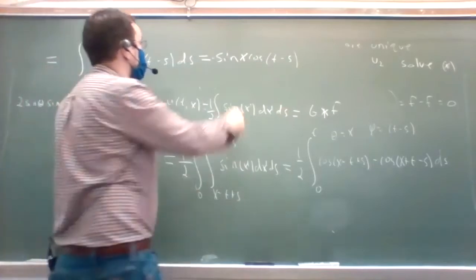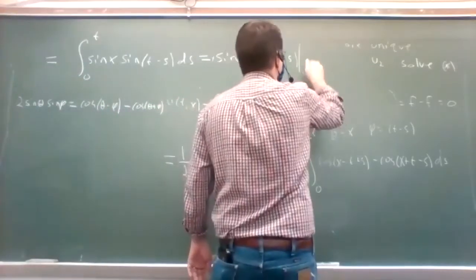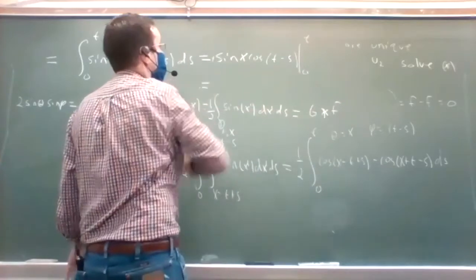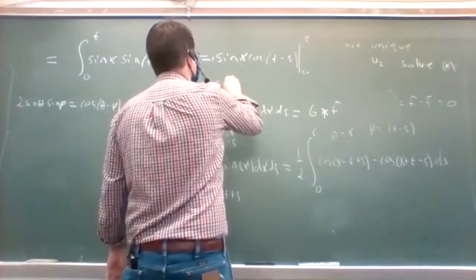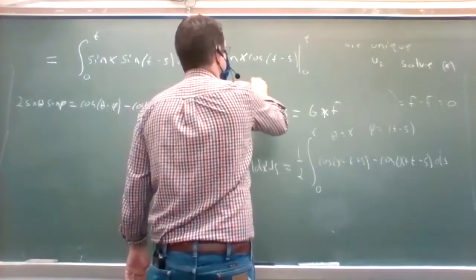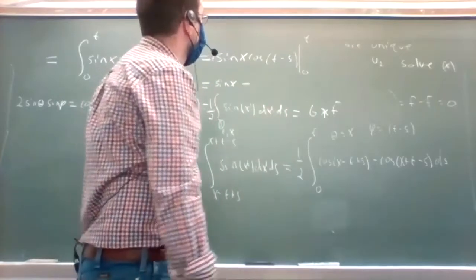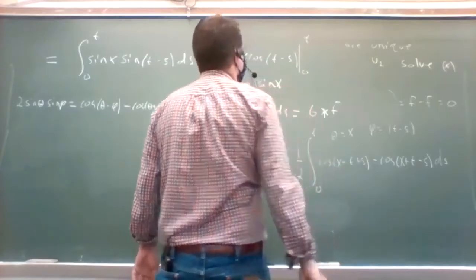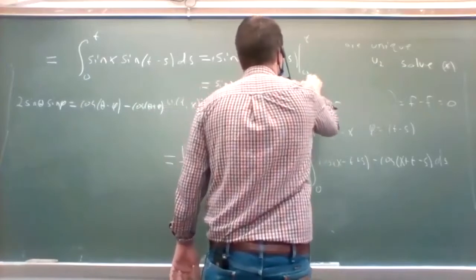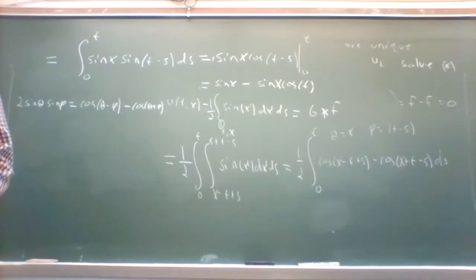And then dividing by -1, and then going from 0 to t. Plugging in s equals t, we get sine x cosine 0. And then plugging in s equals 0, we get sine x cosine t. So that's your nice solution to the wave equation for that particular forcing function.